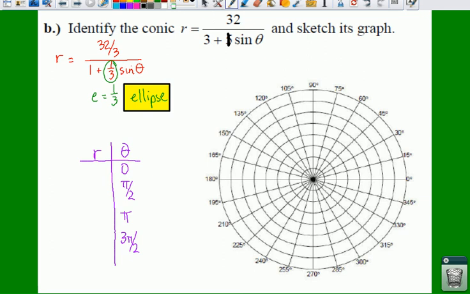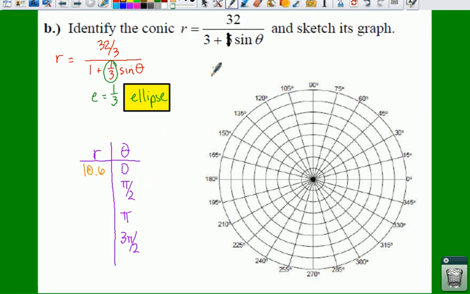If we plug in a 0 for your sine, then sine of 0 is just 0. So 32 over 3 is going to give us 10.6.